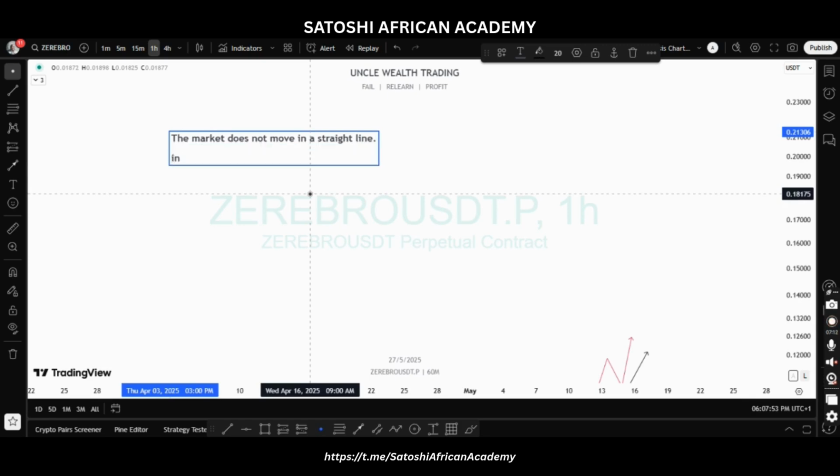In an uptrend, we will see the market creates higher highs and higher lows.